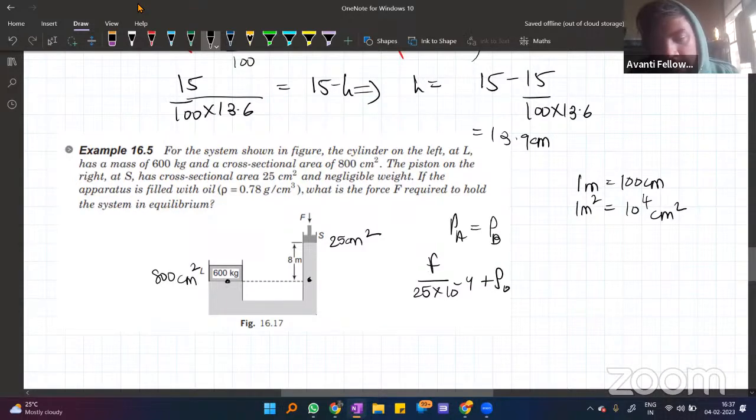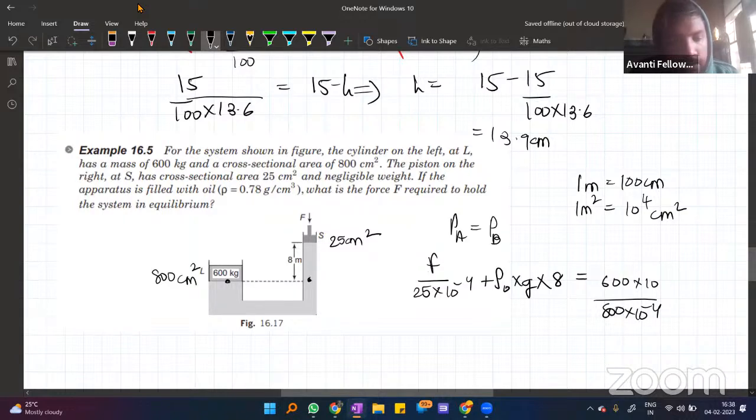So rho of oil into g into height. What is the height? 8 meters, which is equal to pressure at this point, that is equal to force, that is 600 into 10, mg by area, that is 800 into 10 to the power minus 4. You just have to solve this question.